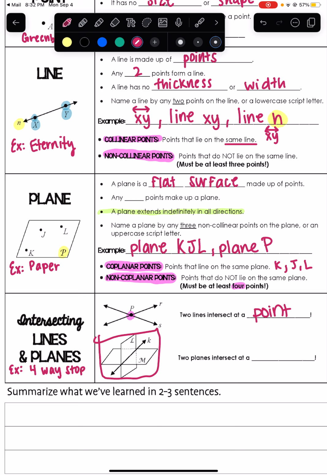So that means 2 planes are intersecting, and the place where they intersect is actually a line, which you guys can see as line K. You all see that? This line right here. That is where these 2 planes are intersecting. So 2 lines intersect at a point, which is point P. And then 2 planes intersect at a line.